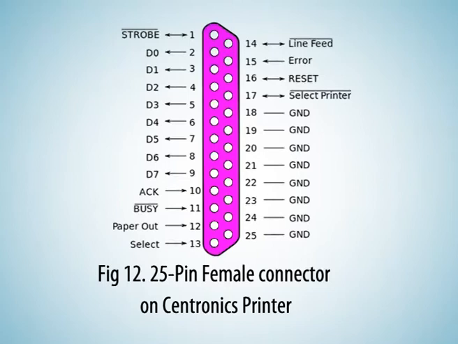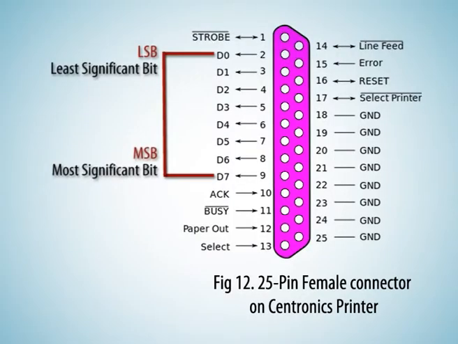Let us now discuss the hardware aspects of this standard. We begin with the 25-pin connector at the rear of the IBM PC and the signals on it. The pin out of signals on the 25-pin connector is shown in figure 12. The basic or older parallel printer interface had the following important signals. 1. 8-bit data bus signals D0 to D7, where D0 is the LSB and D7 is the MSB, or most significant bit.